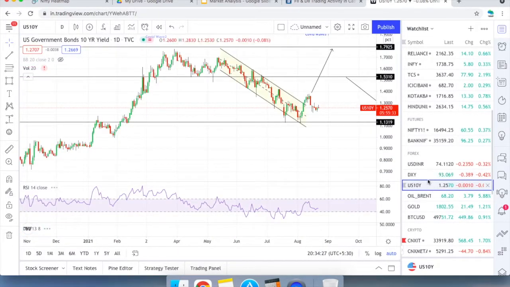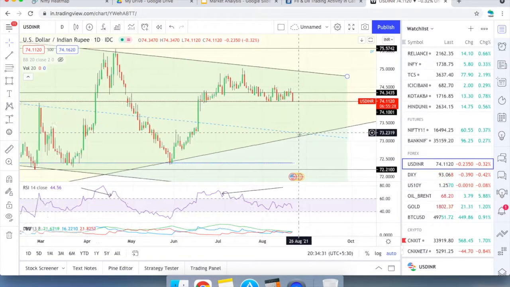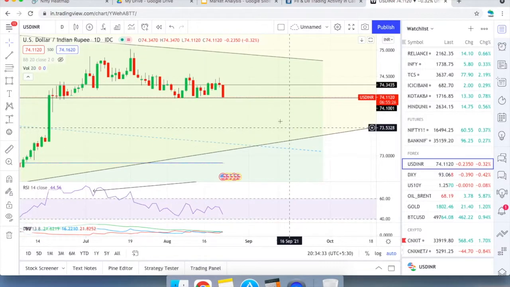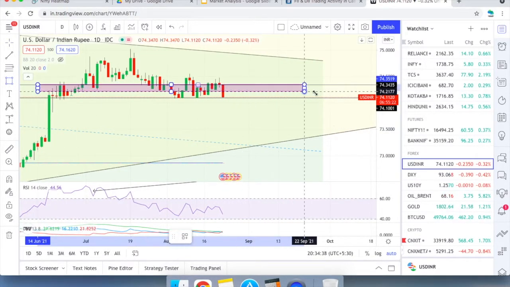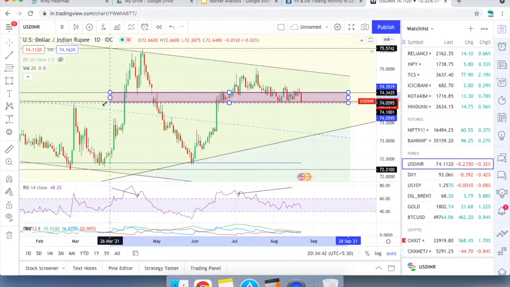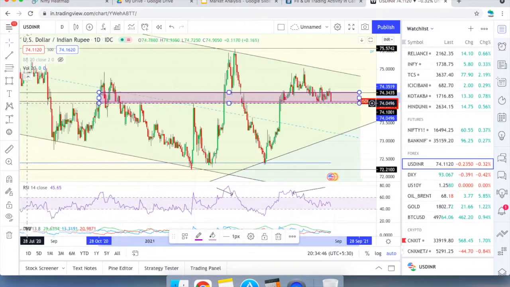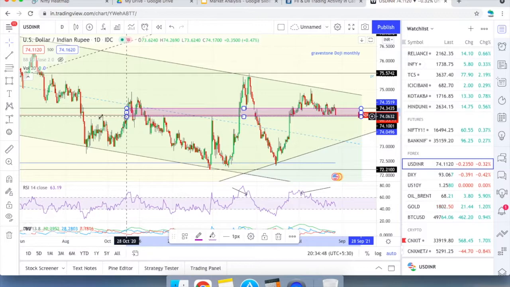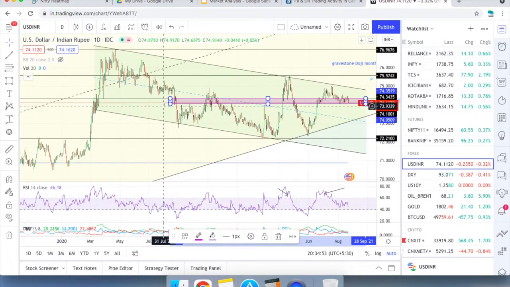Now, the currency pair, INR and USD, that also has dipped, but it is well within this major support zone. It extends to a multi-year support, resistance turned support.